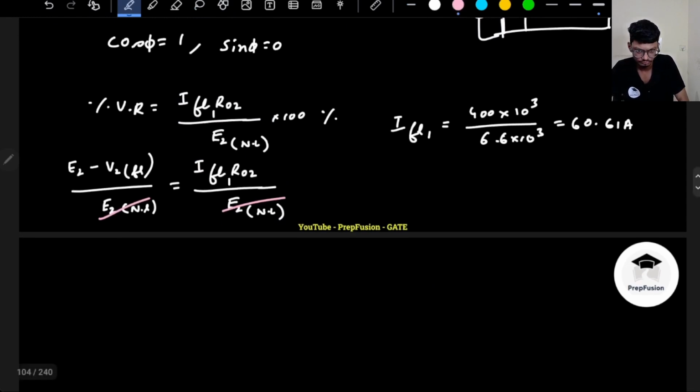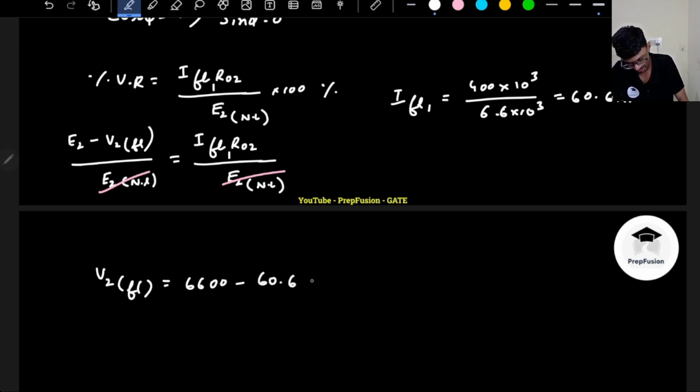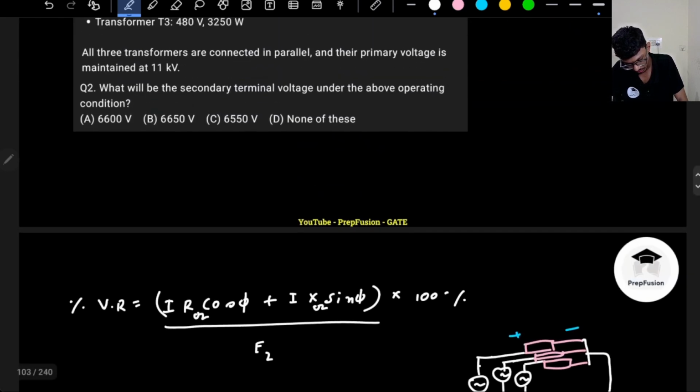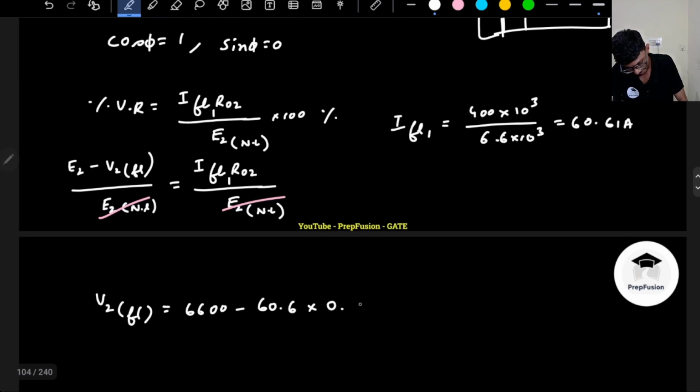From here the E2 no load will simply cancel out. So I can directly write down the V2 value. What will be the V2 full load value? V2 full load value will be E2, that is 6.6 kV, minus IFL1, that is 60.6 ampere, into RO2. RO2 is 0.8235 ohms.